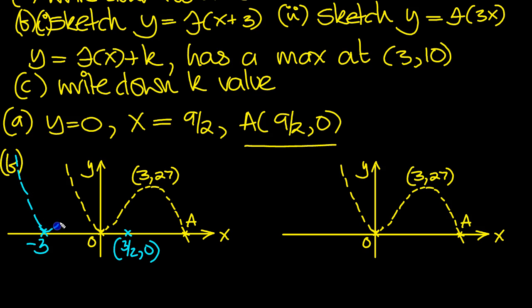So it's going to turn here, go up. This 3 here and 27. If it's shifted back 3, the maximum will be here at 0, 27. Won't it shift it back 3 units? So it's going to come down there and turn and go down here like so.